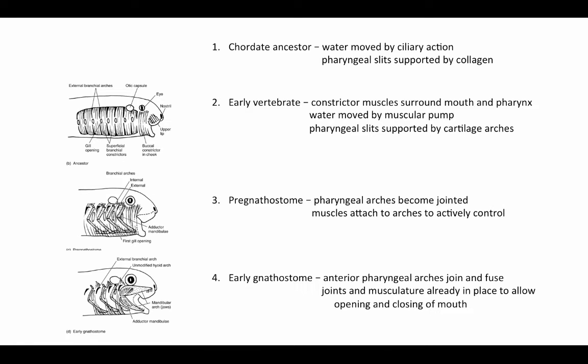In the final stage, the anterior-most of these pharyngeal arches, also known as branchial arches, join together in the front and fuse together to form the familiar jaw structure that we see. The musculature is already in place, so remember, we see muscles associated with these jointed branchial arches.